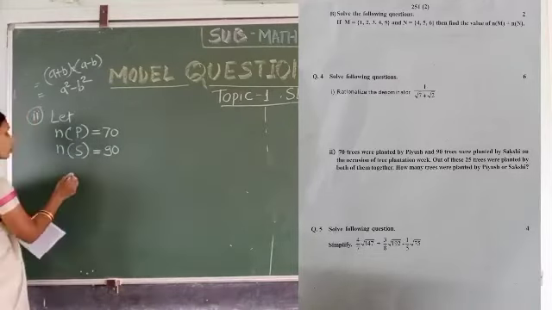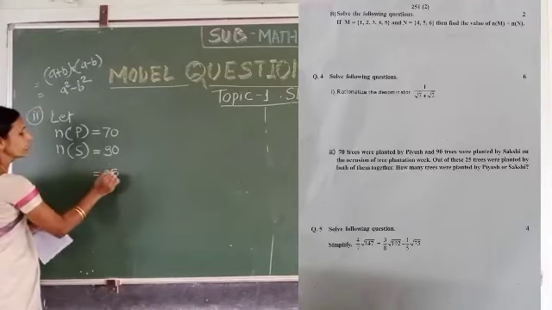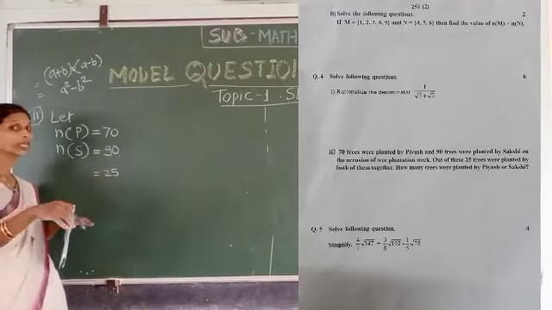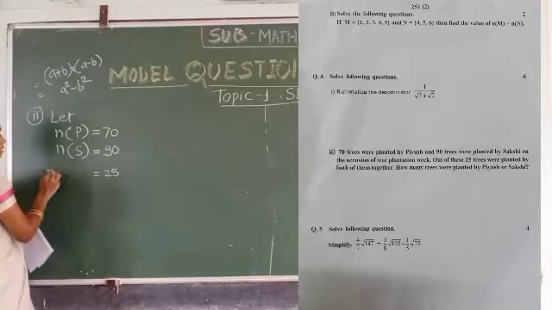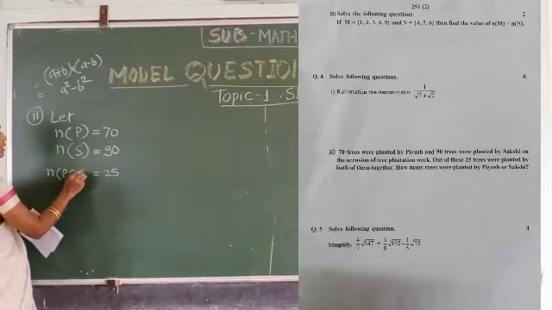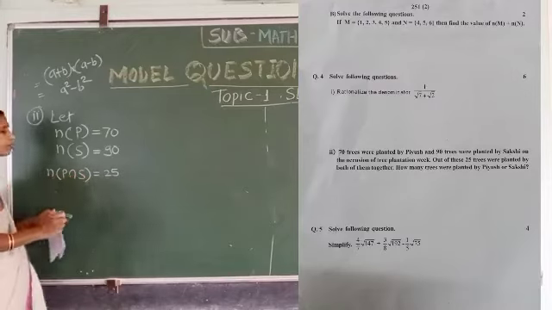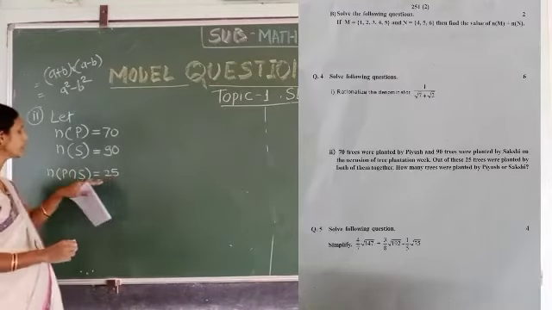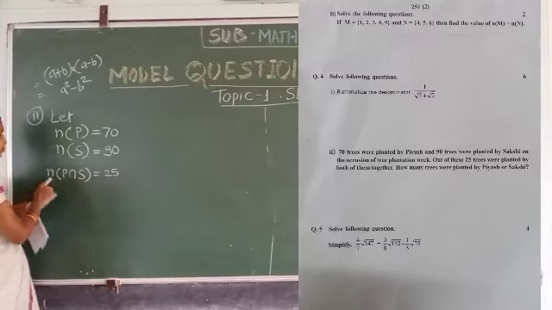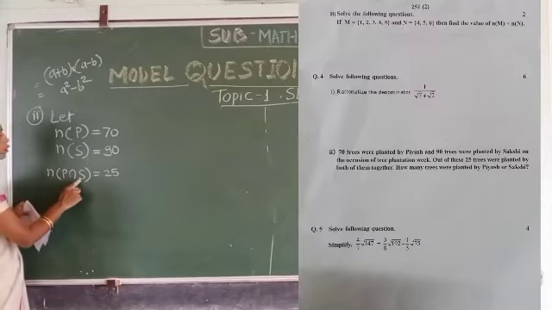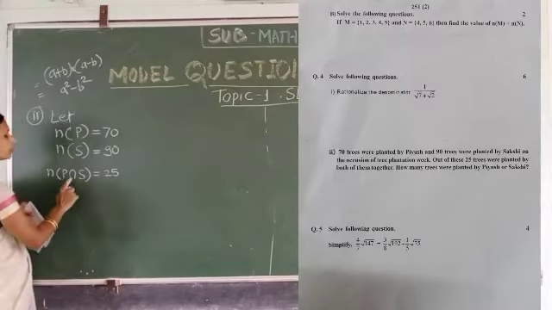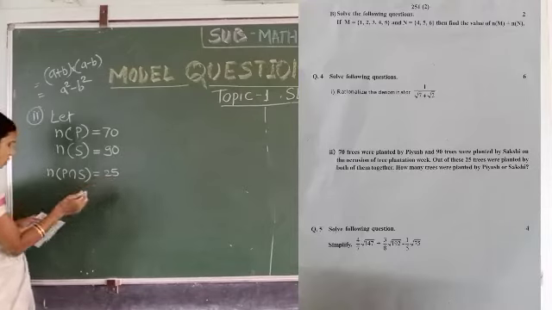That means n(P intersection S), the trees planted by both Piyush and Sakshi, is 25.